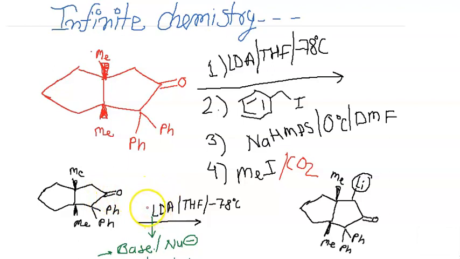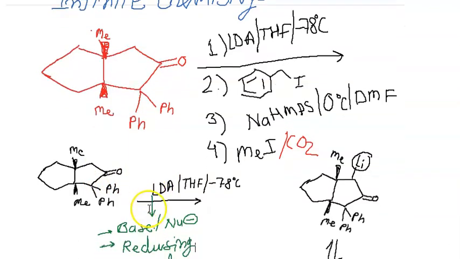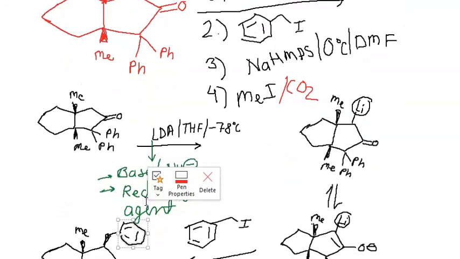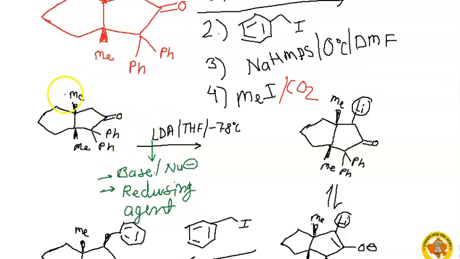We know that LDA is a base as well as a nucleophile and reducing agent. We know the nature of LDA, but what will be its particular approach in this reaction?